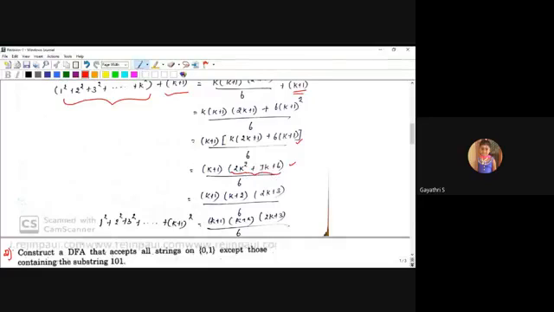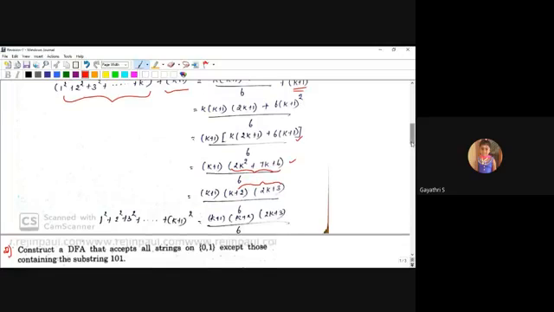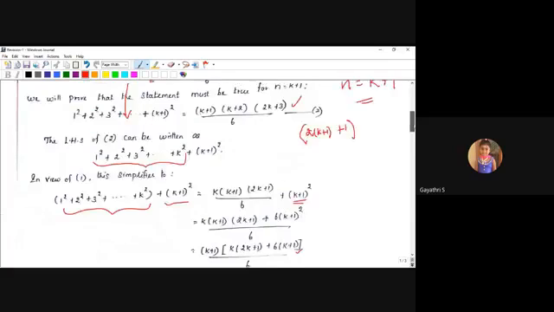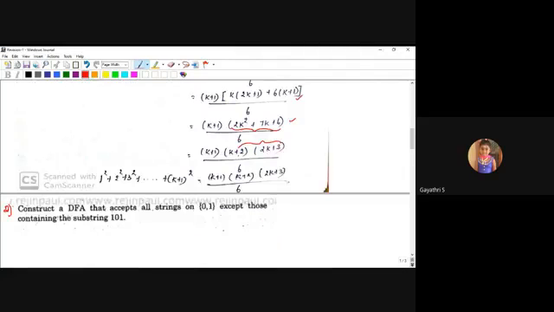You can replace this statement with this k plus 2, 2k plus 3. So this is k plus 1, k plus 2, 2k plus 3 divided by 6, right? So k plus 1, k plus 2, 2k plus 3 divided by 6. We have received the same one.